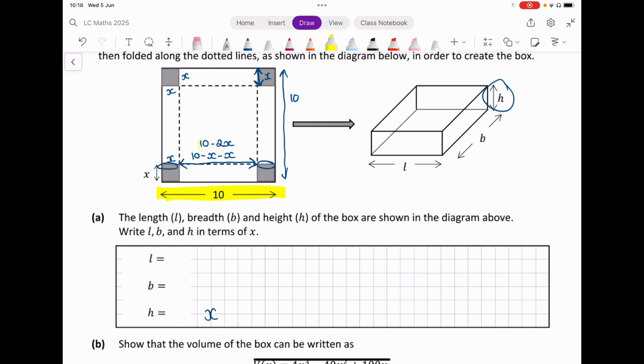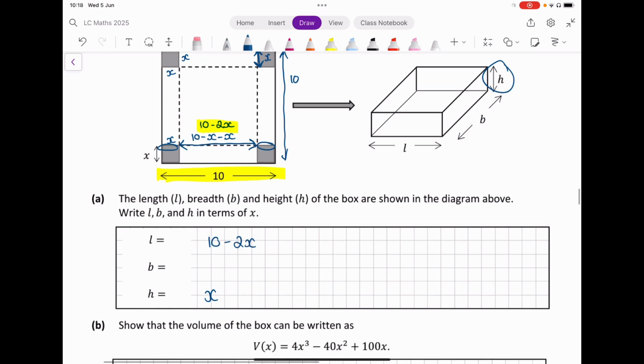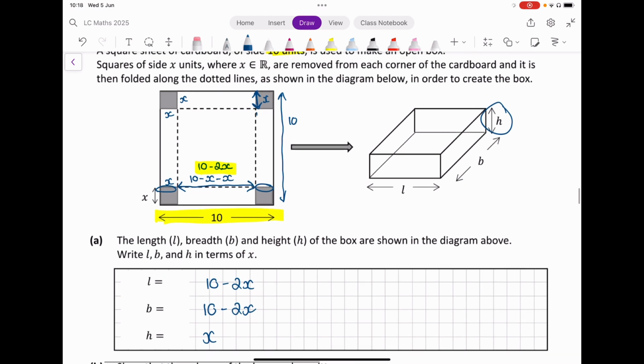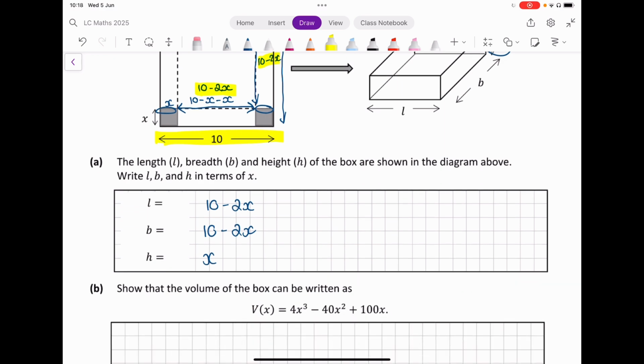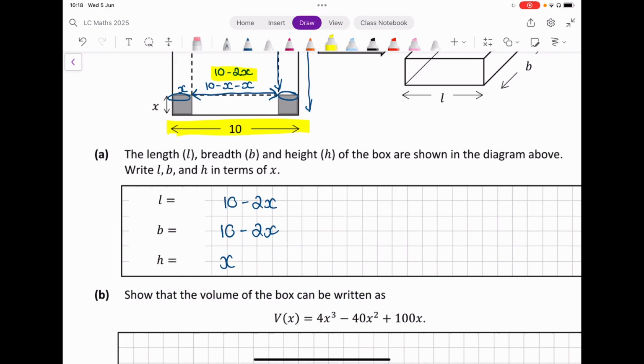Sorry, that's the length. For the base, it's 10 minus 2x, and it doesn't really matter because it's a square. The other side is also, for the same reasons, going to be 10 minus 2x. So I have my 10 here. So that is 10, and I'm taking away 2 x's from it. So I'm getting that 10 minus 2x. All right. So there are my dimensions of my box.